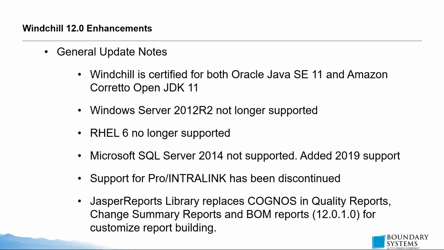And with Amazon, you can still go in and use that without a price point. Windows Server 2012 R2 is no longer supported. Red Hat Enterprise Linux 6 is no longer supported. You also have Microsoft SQL Server 2014 not supported, but there is added support for 2019.